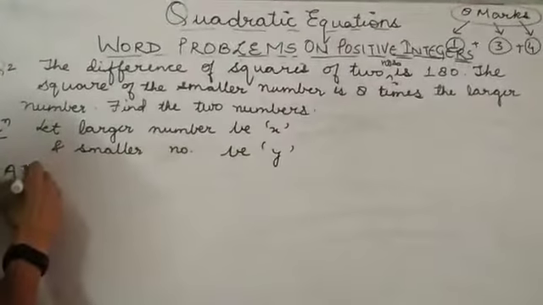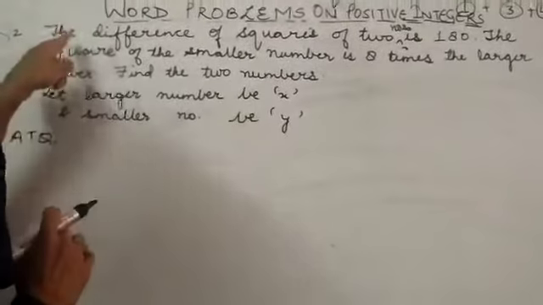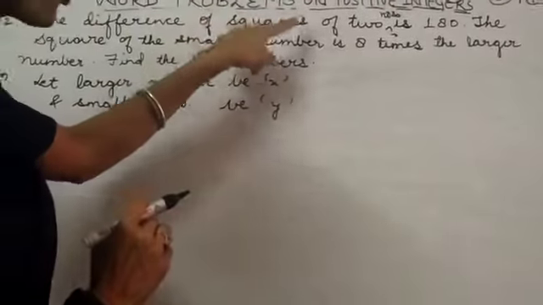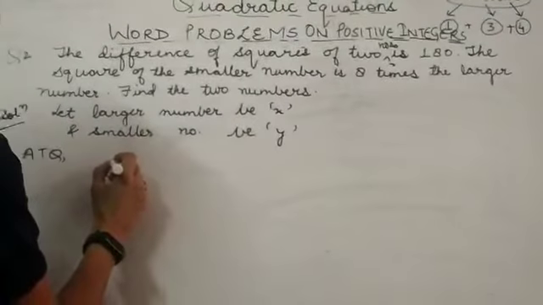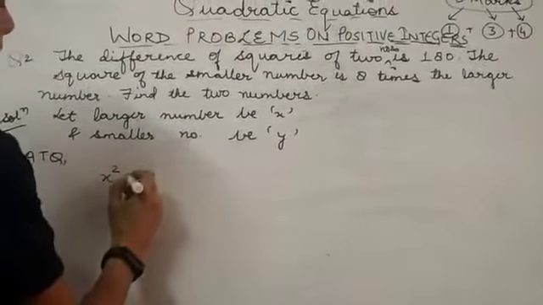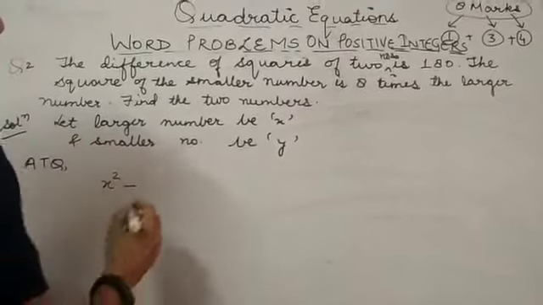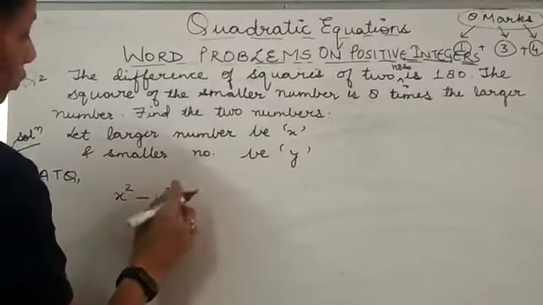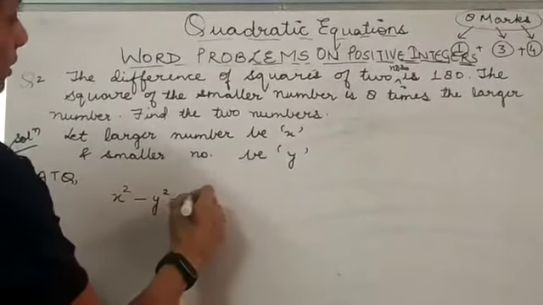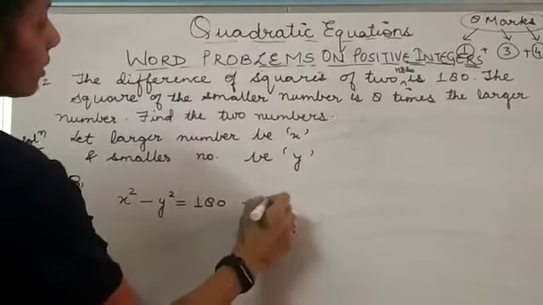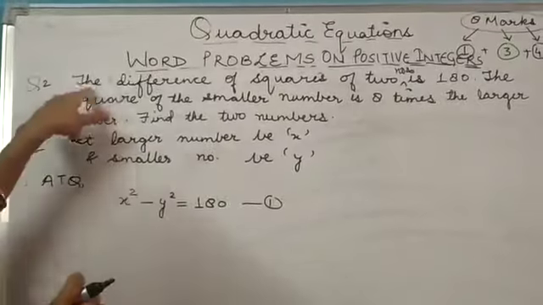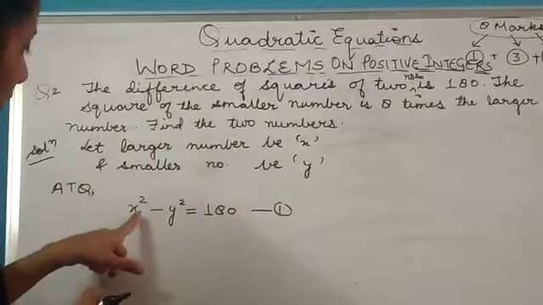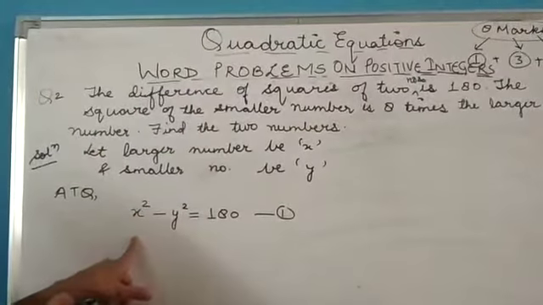Now, according to the question, the difference of squares of two numbers: this is the square of one number, the difference is given, that's why I am writing minus, and the square of another number is equal to 180. This is my equation 1. You need to remember here that when difference is asked, always the larger number will come first.